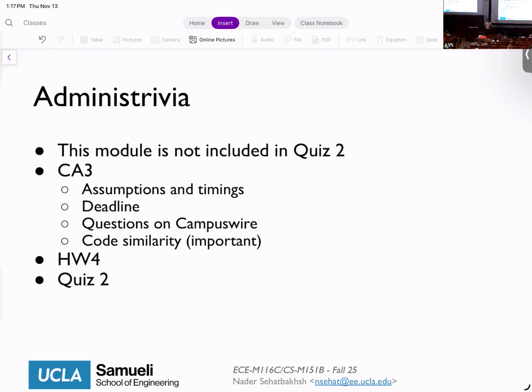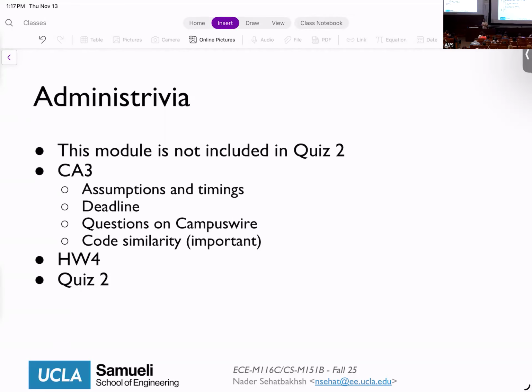That's where we're going to review the topics of quiz 2. Essentially, quiz 2 will be everything after quiz 1: everything including superscalar and out of order execution and your CA3, and everything about the cache module that we talked about last week, and then the first half of this lecture.